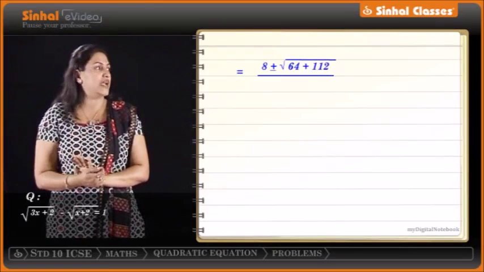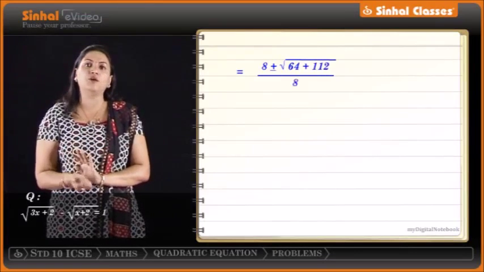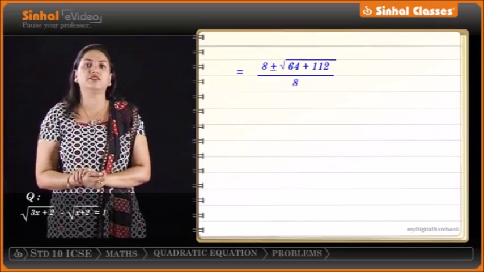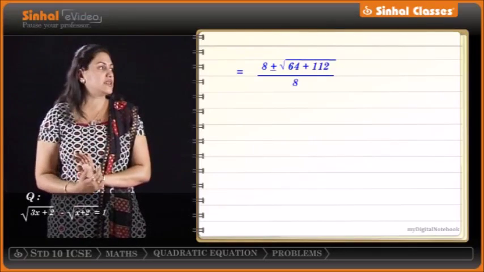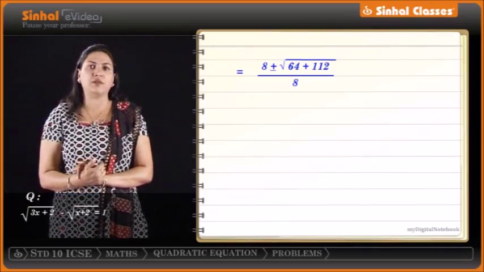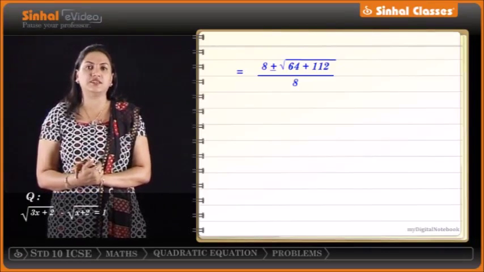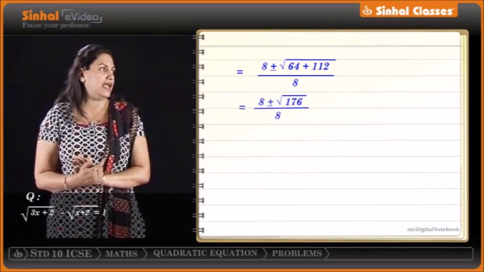So in the root we have 64 plus 112, which gives us root 176. So the next step is 8 plus or minus root 176 upon 8.